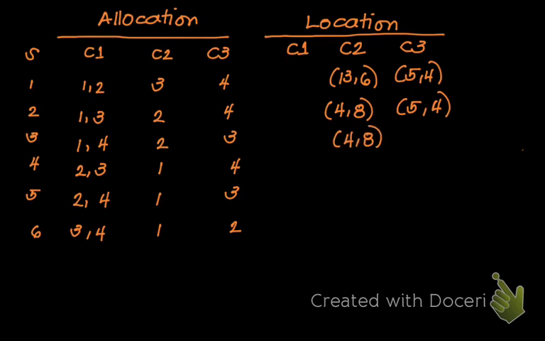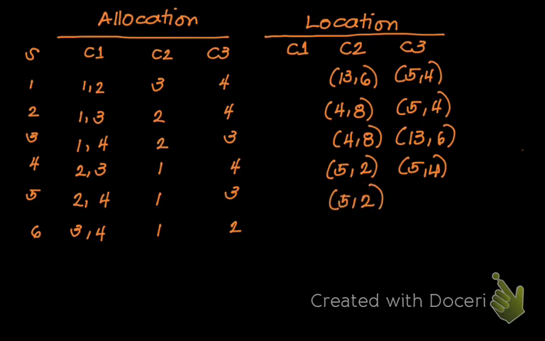And then, machine 3 will be at (13, 6). Then, machine 1 is (5, 2). And machine 4 at (5, 4). Another machine 3. And 2 at (4, 8).